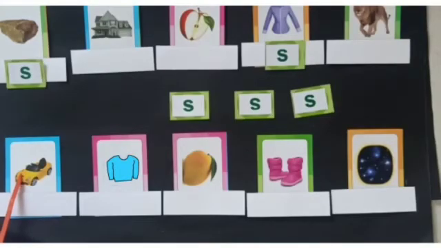Now, what do you see in this picture? This is the picture of a car. And does car start with alphabet S? No, it does not start with sound S. Right? So, we will not put alphabet S below the picture of car.